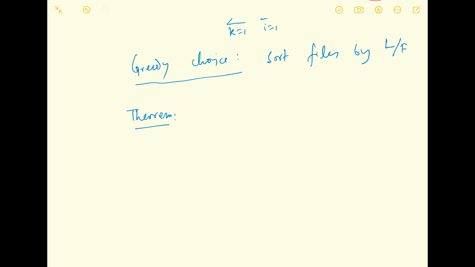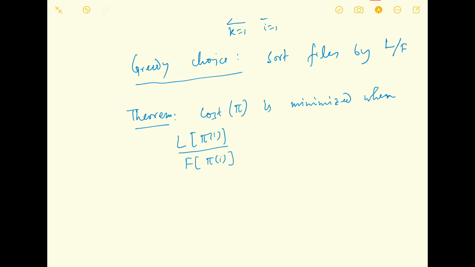The cost of pi is minimized when L of pi i by f of pi i is less than or equal to L of pi i plus 1 by f of pi i plus 1.